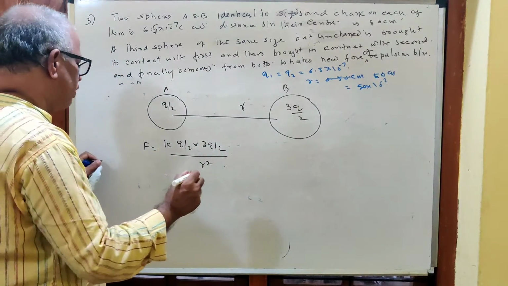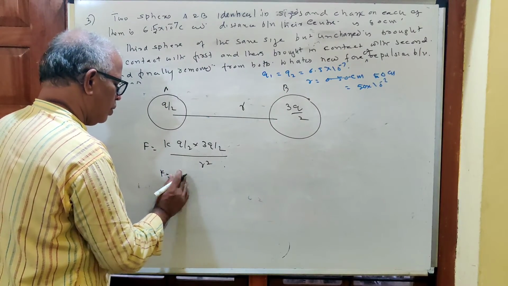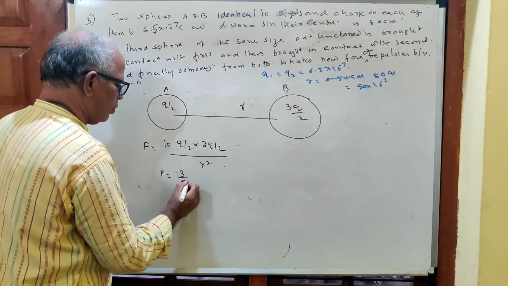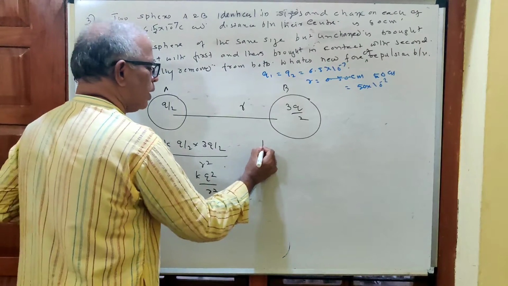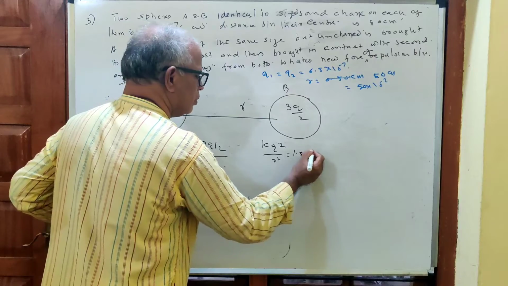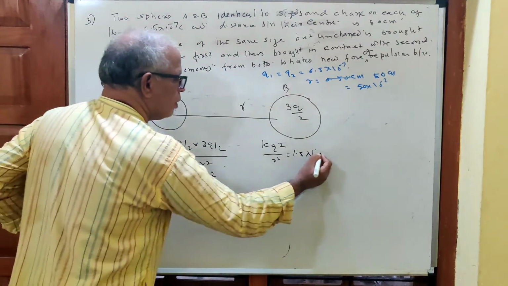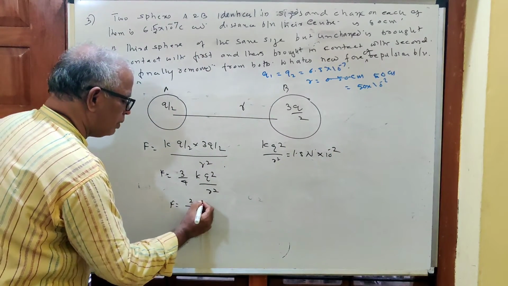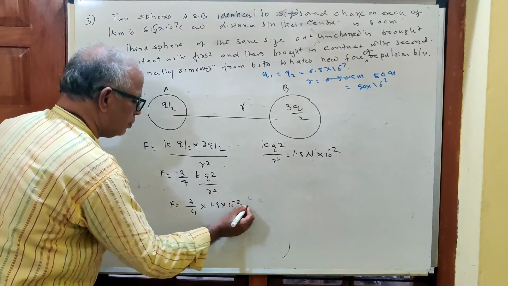So F is equal to 3 by 8 K Q square by R square. K Q square by R square we got 1.5 into 10 to the power minus 2 Newton. Therefore F is equal to 3 by 8 into 1.5 into 10 to the power minus 2 Newton.